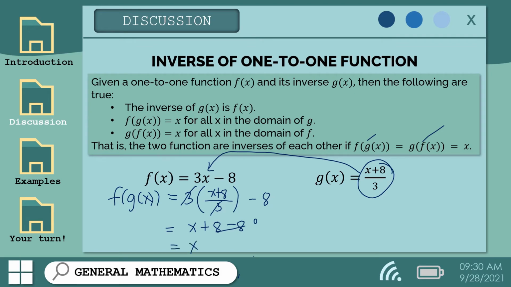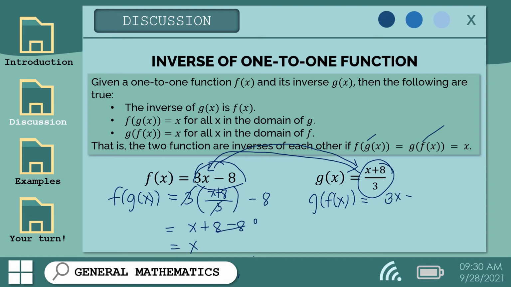Pwede na po bang i-conclude na yung ating inverse ay isang one-to-one function? Hindi pa po. Ang next na gagawin natin ay kunin naman yung g of f of x. Kapag sinabi natin g of f of x, meaning po nun na yung buong f of x ay composition ng ating g of x. Ang kakalabasan po nun na yung x ng ating g of x ay mapapalitan ng 3x minus 8.